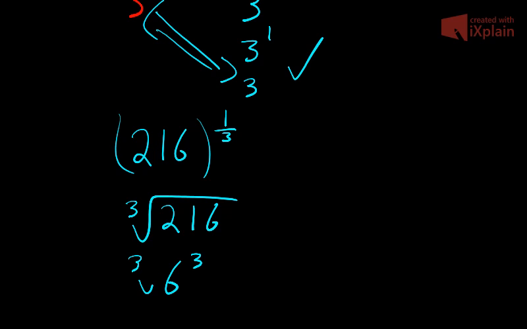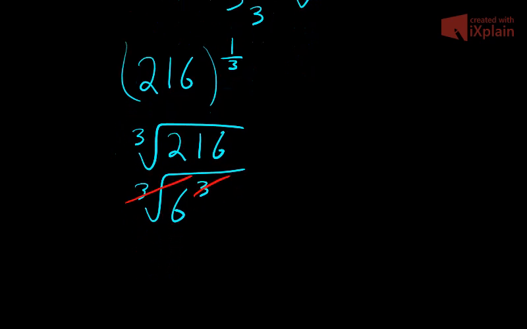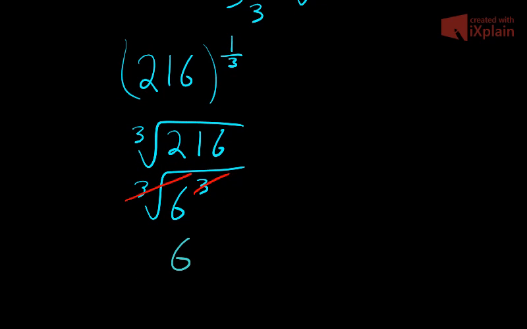And I'm going to take the cube root of that. So the cube root of a number cubed, those would both cancel, and I would end up with that just being 6. So 216 to the 1/3 equals the cube root of 216 equals the cube root of 6 cubed, which then equals 6. So 6 would be my final answer there.